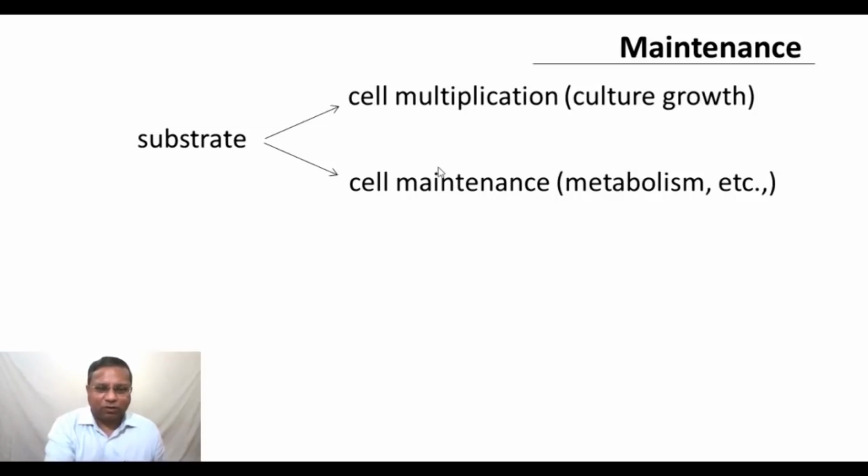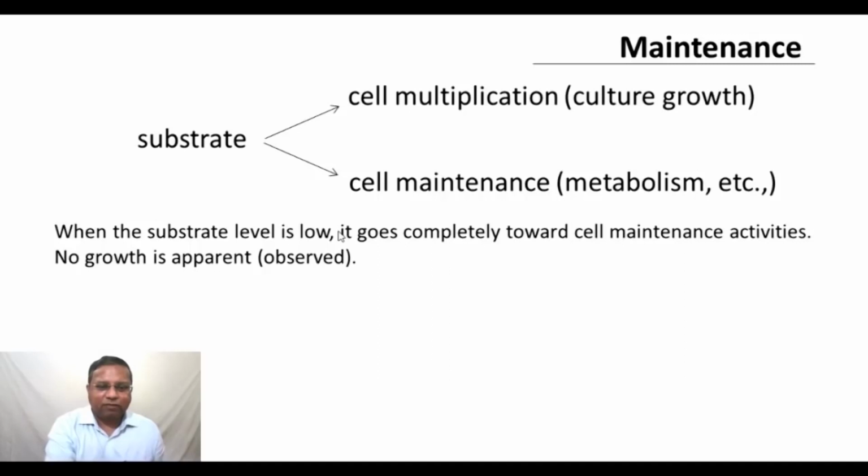We need to consider this because when the substrate level is low, it goes completely towards cell maintenance activities, and no growth is apparent. Apparent means observed. No growth is observed. So it's all going to cell maintenance. There will be substrate consumption, but it doesn't show up as growth, which means everything is going to maintain the activities of the cell.